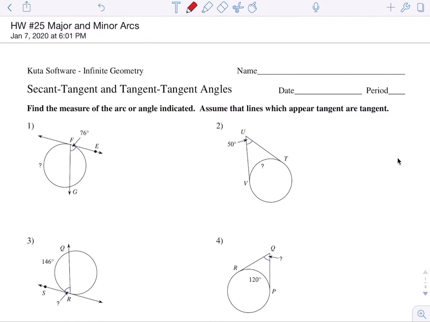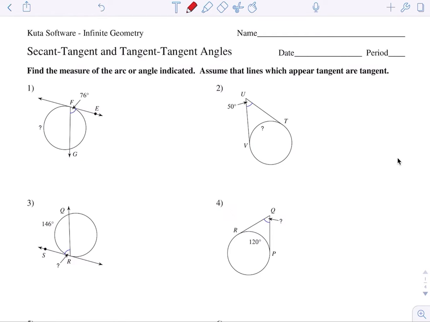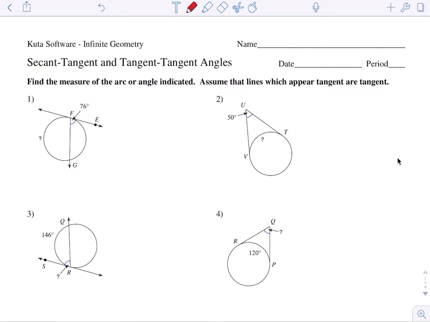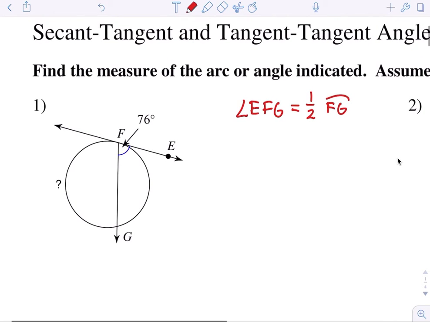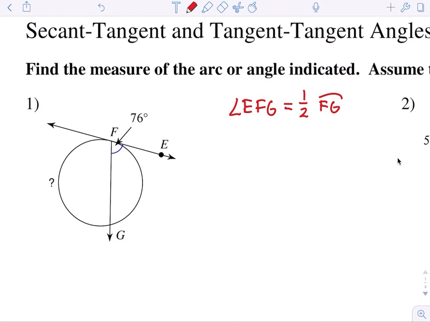Okay, so for number 1, we have to use the formula that angle EFG is equal to 1/2 of the arc FG. Basically, we know the angle is 76, and we have 1/2 of FG.